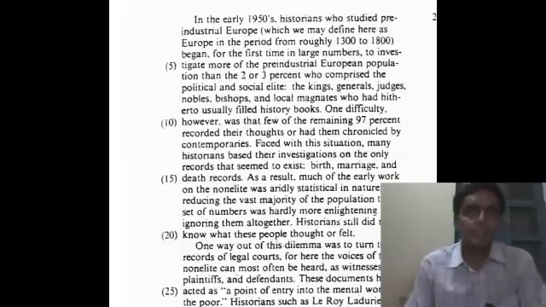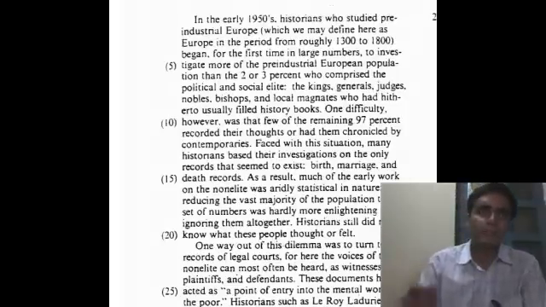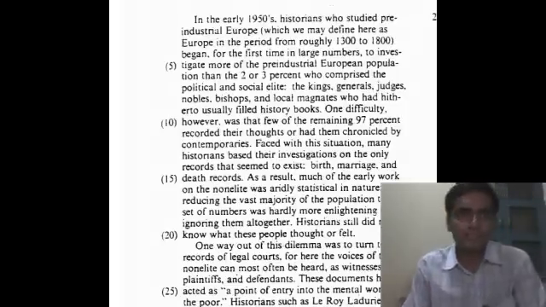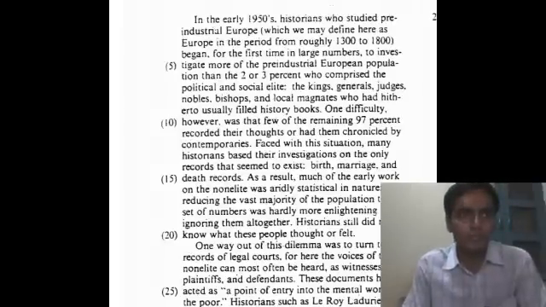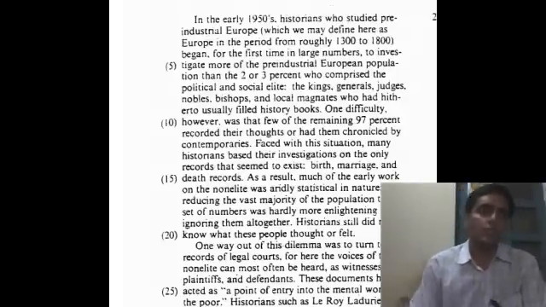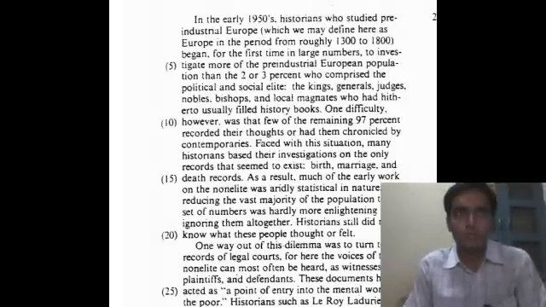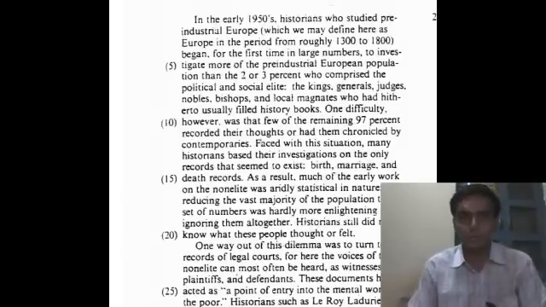As a result, much of the earlier work on the non-elites was aridly statistical in nature. Reducing the vast majority of the population to a set of numbers was hardly more enlightening than ignoring them altogether. Historians still did not know what these people thought or felt. So this was the paragraph at this point.